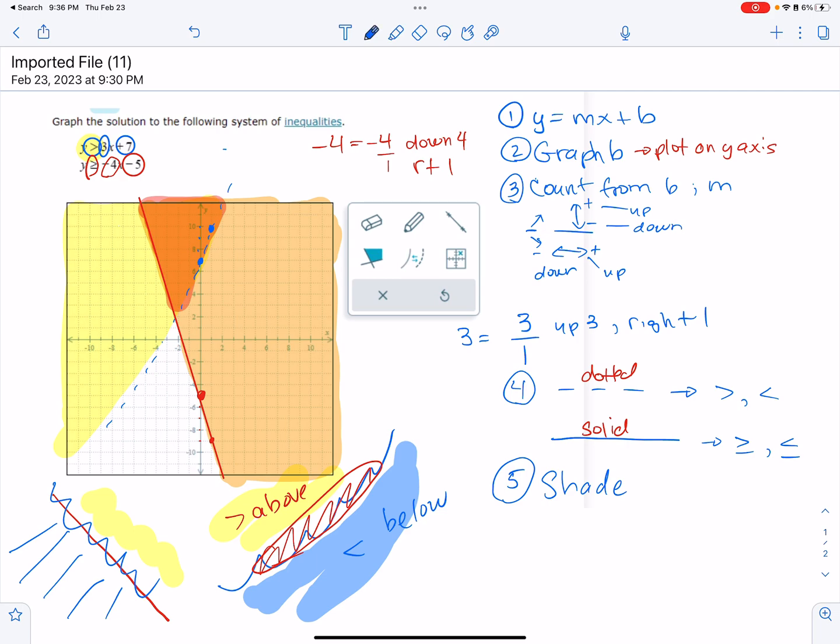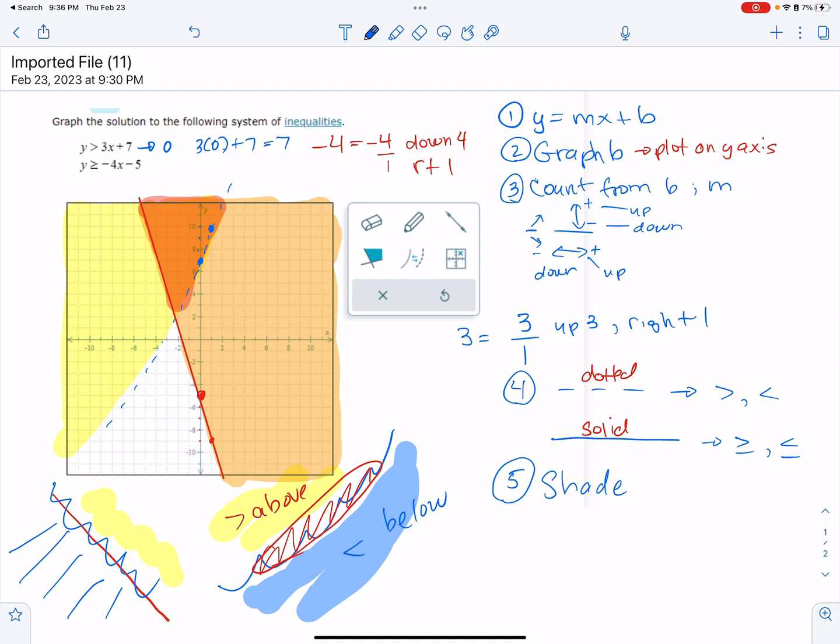Another way you've seen it is you can do a test point. So for this one here, you can plug in 0. What's 3 times 0 plus 7? 3 times 0 plus 7 is going to be 7.